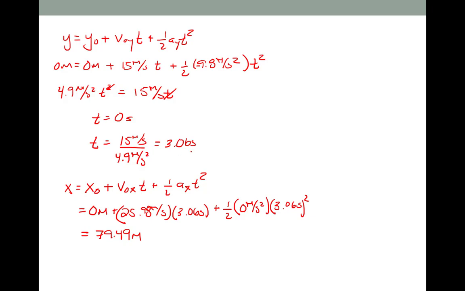Okay, so remember, this is the time to go all the way across. So 1/2 that time is going to be 1.53 seconds. Okay. And we can make this argument that at its maximum point, it will take half the time to get there because we have symmetry.